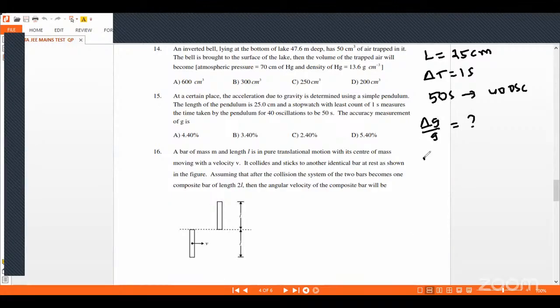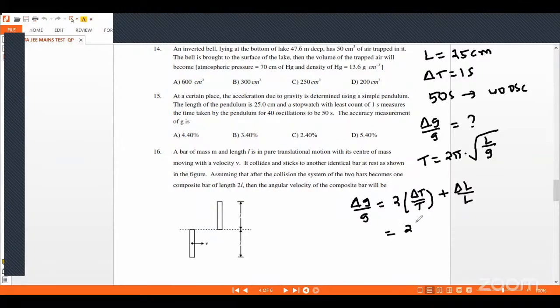Since we know that time period equals 2 pi into root of L by g, I'll simplify, take logarithm and differentiate, which gives delta g by g equal to 2 times delta T by T plus delta L by L. That is 2 into 1 by 50 plus 0.1 by 25.